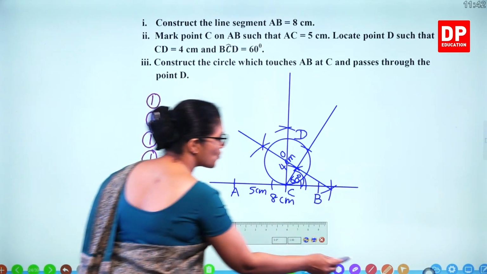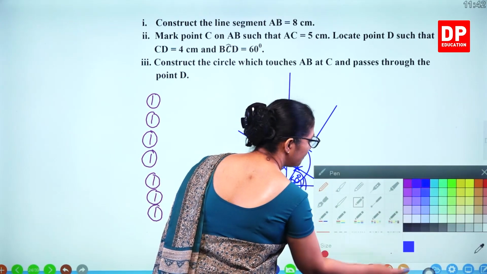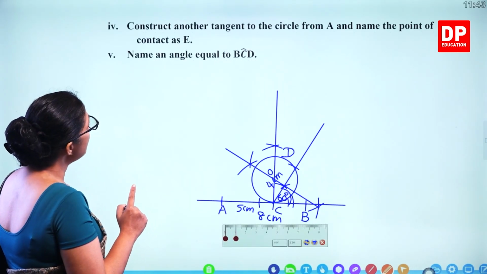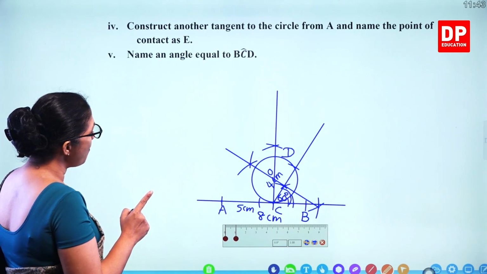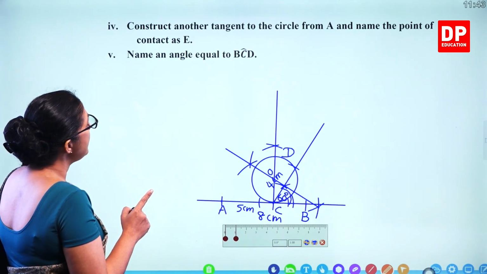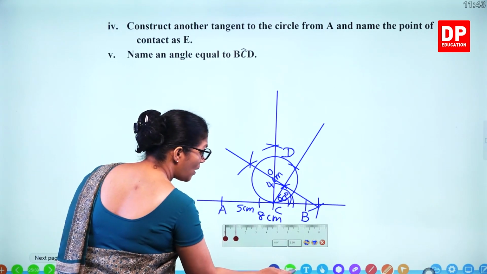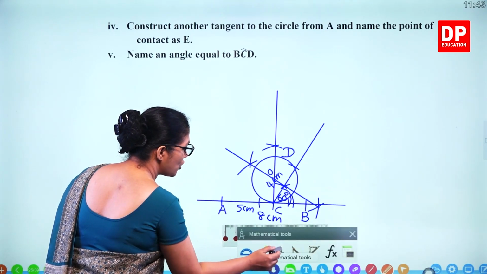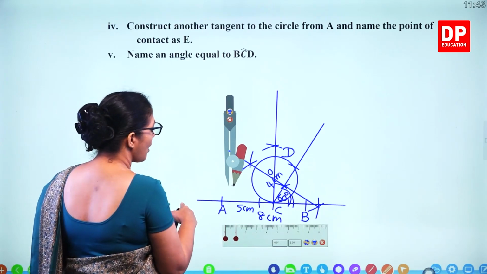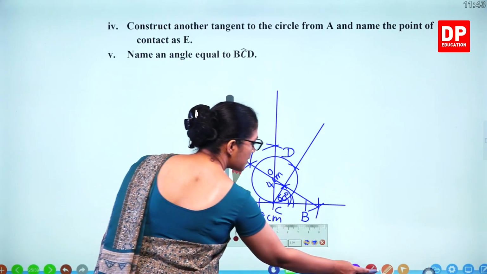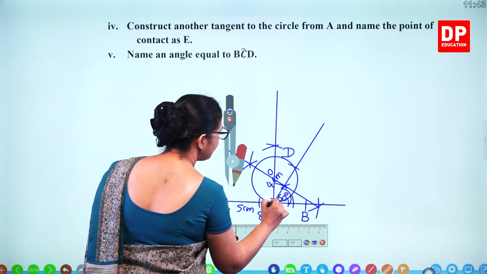Now we'll do the next one. Fourth part, construct another tangent to the circle from A and name the point of contact as E. So tangents are equal from an outside point. We know AC is a tangent because this is 90 degrees.